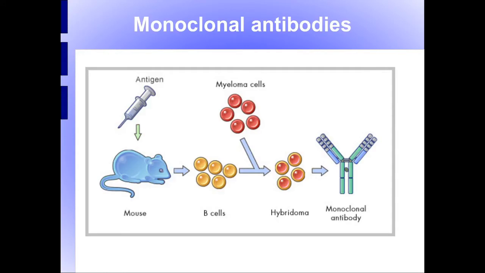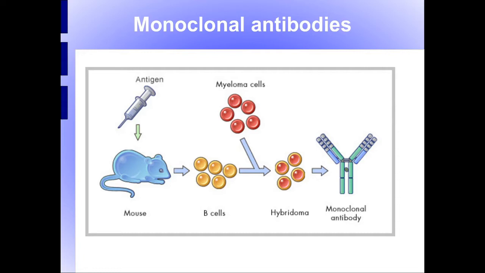Producing antibodies. The traditional way of producing antibodies is to take an antigen of interest and inject it into a mouse. The mouse then produces B cells which express antibodies against the antigen.